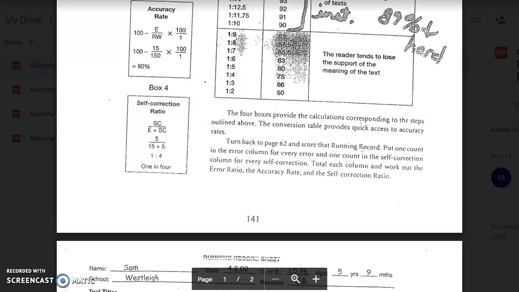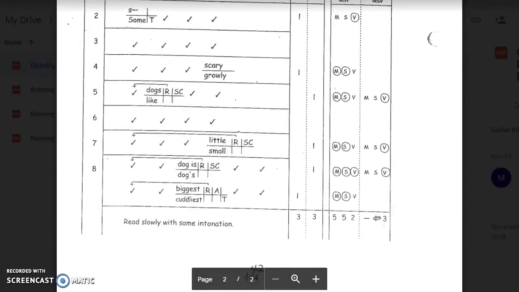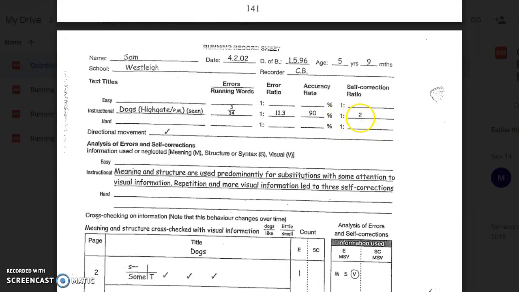So for Sam, that would have been 3 over 3 plus 3, so 3 over 6, which reduces down to 1 out of 2. So for every 2 errors he made, he self-corrected 1 of them. That is pretty high. That means he's over self-correcting. Ideally, you're wanting it to be 1 in 4.